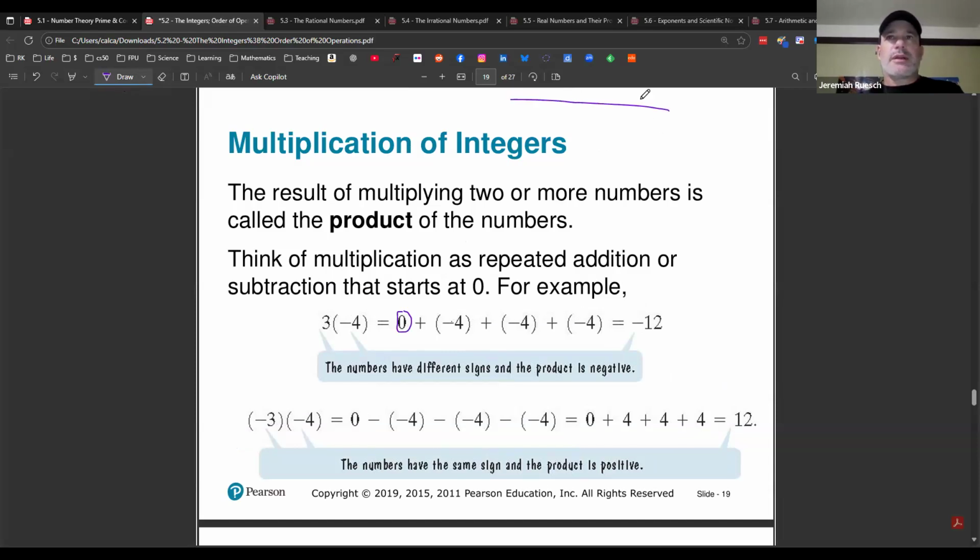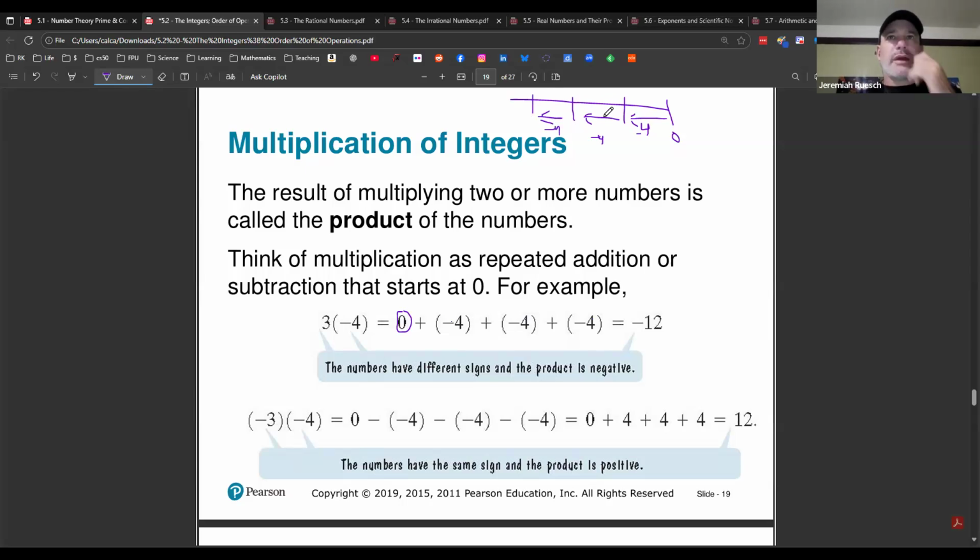If you think about this on the number line, here's 0, and it's saying you have 3 copies of negative 4. So you have a negative 4 here. So there's one copy. You have another copy here. And then you have another copy here of negative 4.